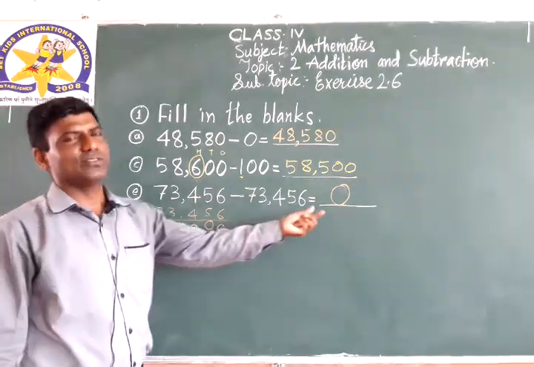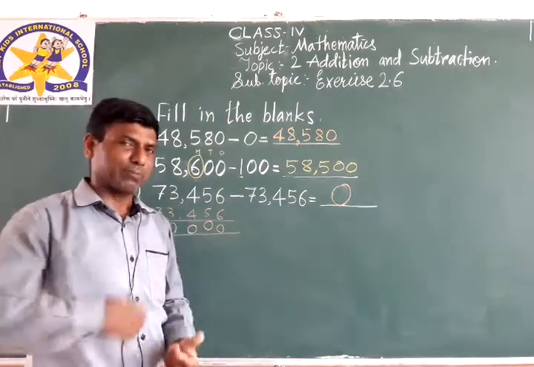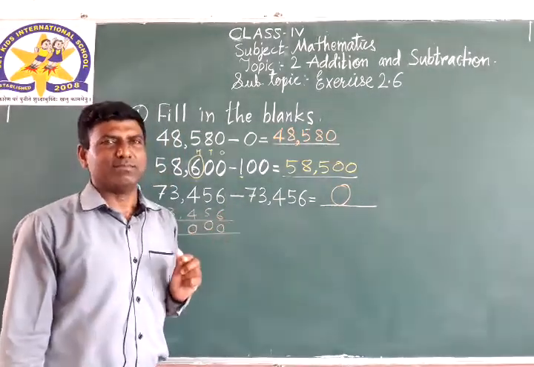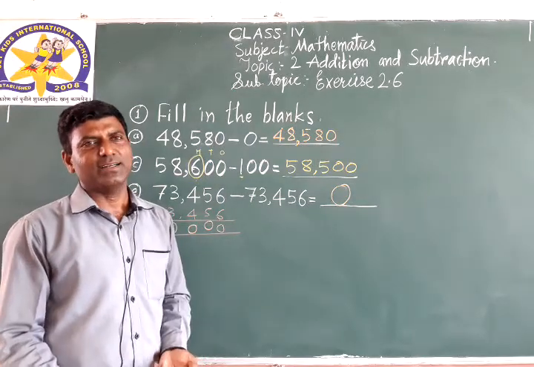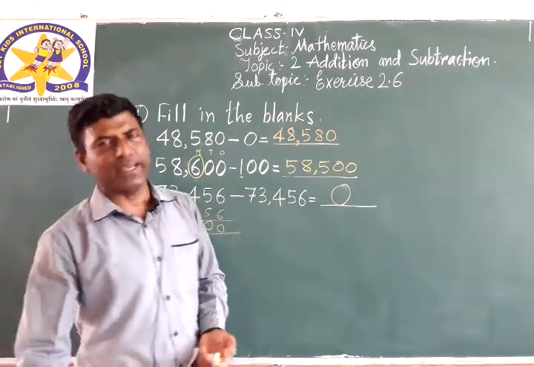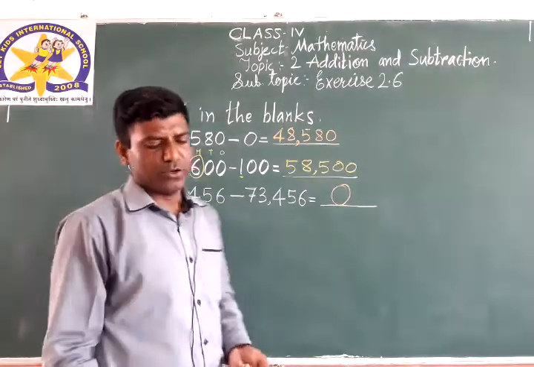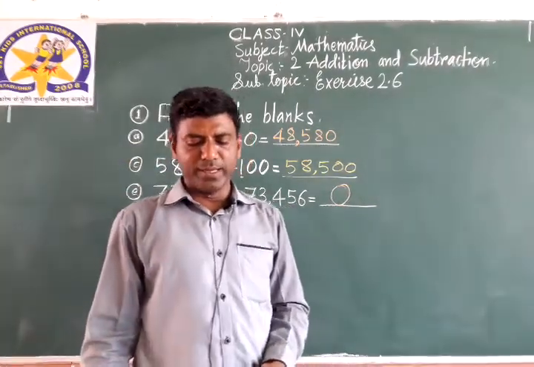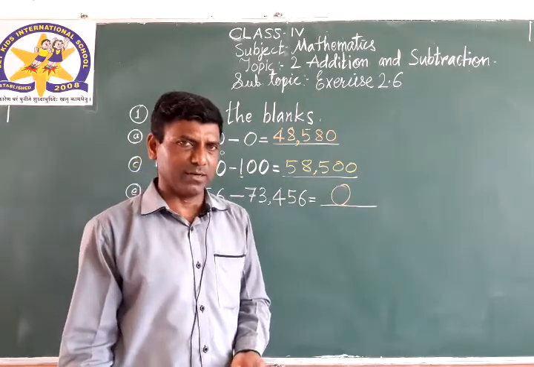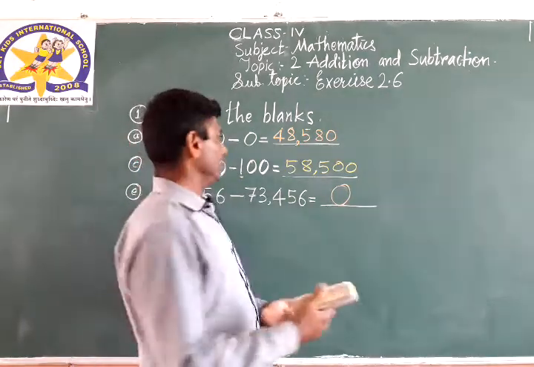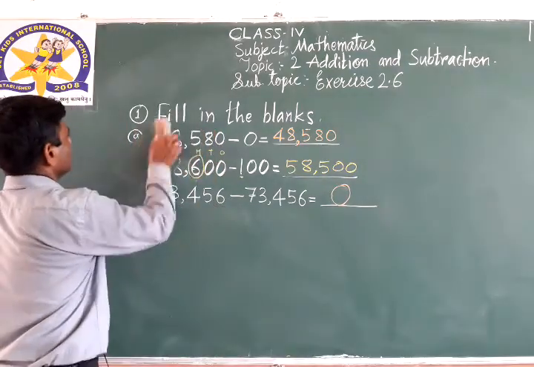The answer is 0. Means if we subtract a number from itself, the difference will always be 0. Understand? I hope you will solve the remaining B, D and F. Are you able to solve? Okay, so proceed towards our question number 2.